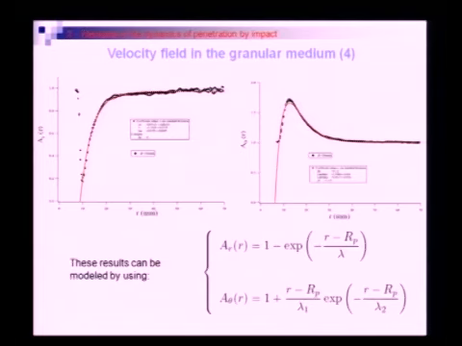With this model, 3 characteristic lengths appear: lambda, lambda 1, and lambda 2. The problem is I don't really know what the parameters are that make these characteristic lengths evolve.